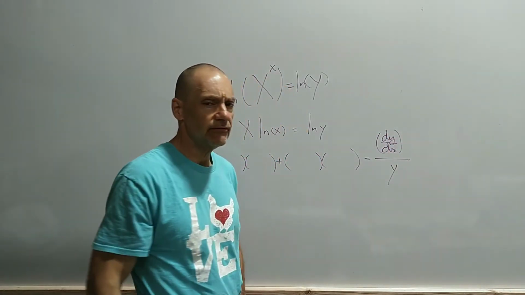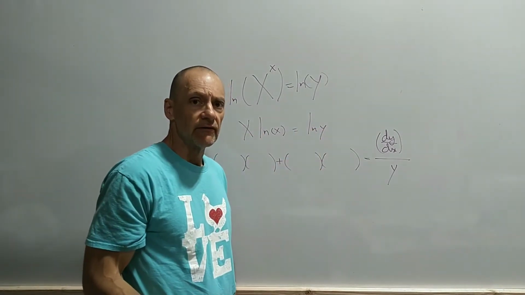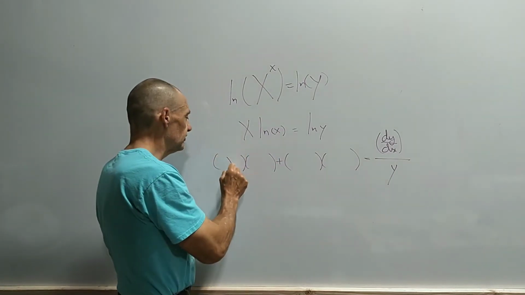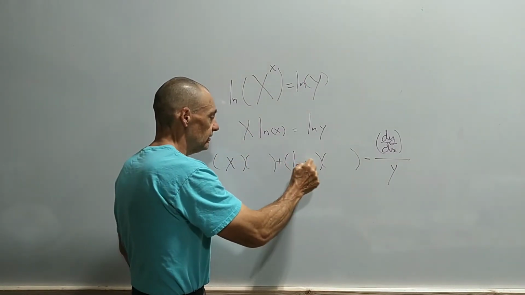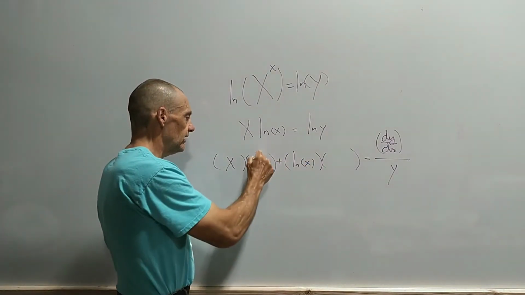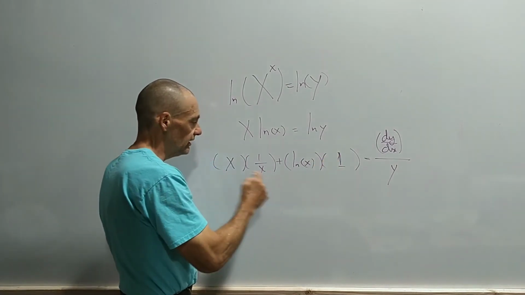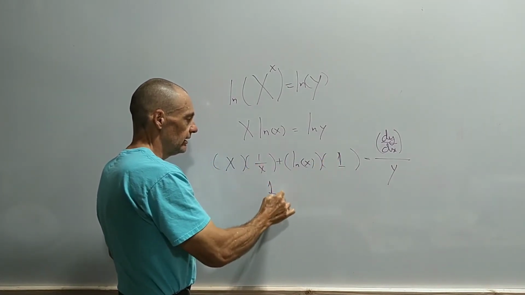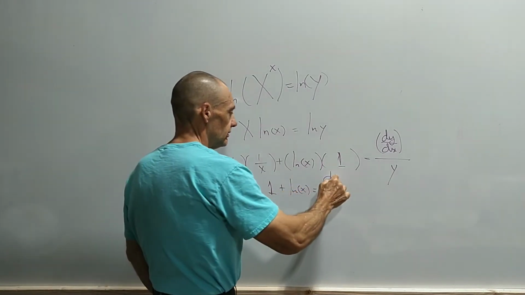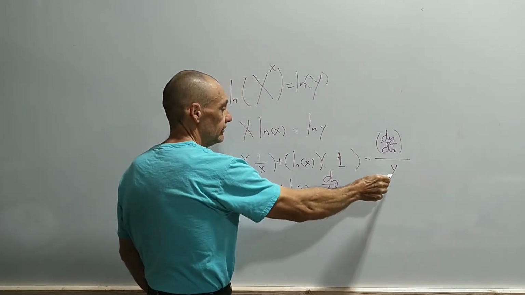We're not doing anything different than we would do if we just were given this and took the derivative of it. Okay, so let's do our product rule, right? First thing goes in the first parenthesis, second thing goes in the second parenthesis over there. Now we need the derivative of log x. One over x, derivative of x is 1. So we end up with 1 plus log x equals dy dx over y, right?